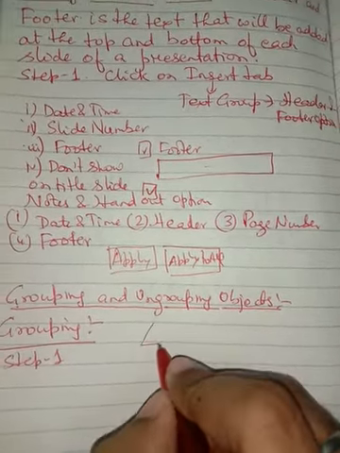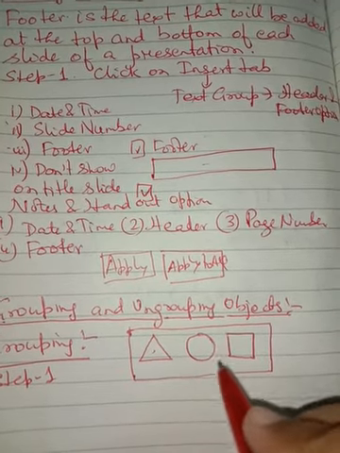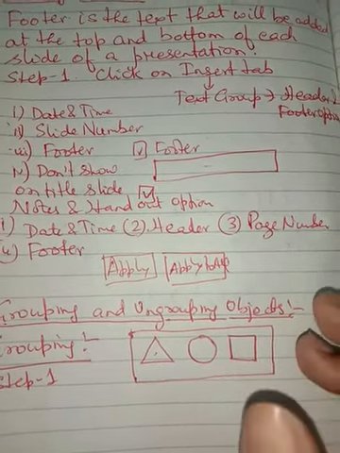Either I fill the color separately on all three objects, or if I group them, these three objects will be considered as one object, and if I fill color on any one of these, the other two will automatically be filled with the same color. So this is the advantage of grouping. The one action that is performed on any of the objects is also performed on the other objects. So this is grouping.